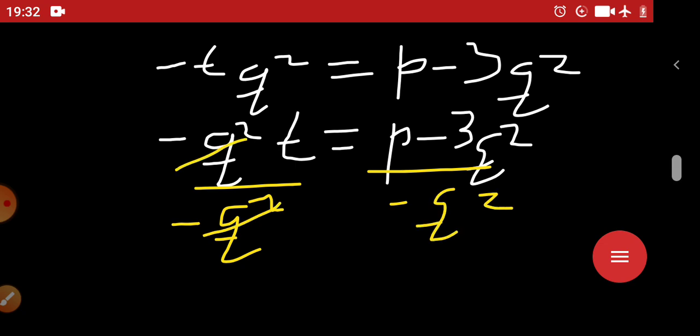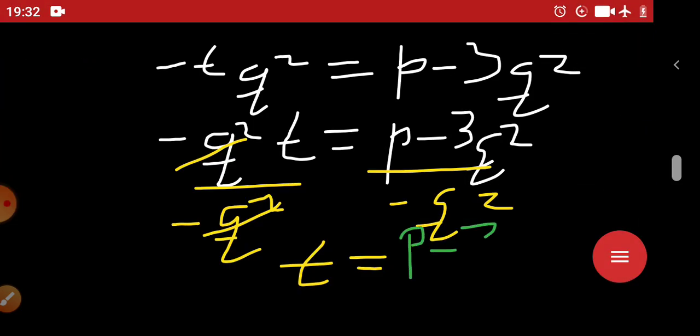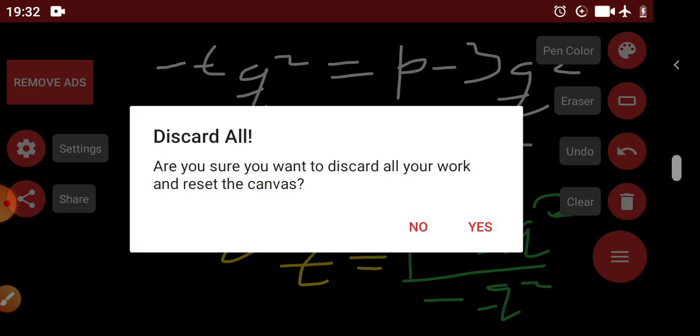So I'll be left with t is equal to p minus 3q squared over negative q squared. Let me proceed.